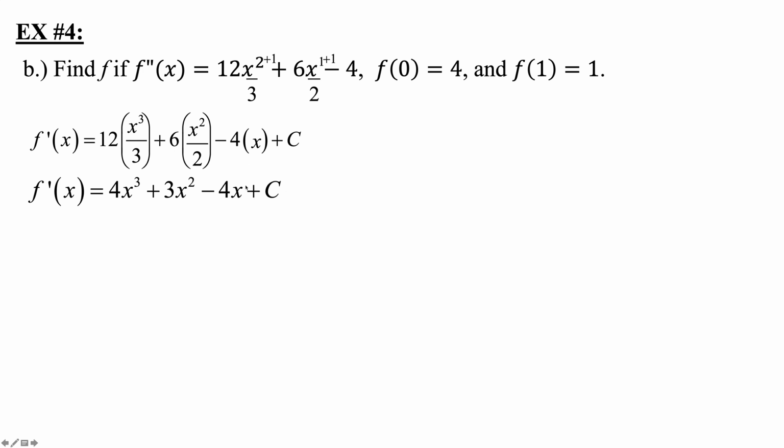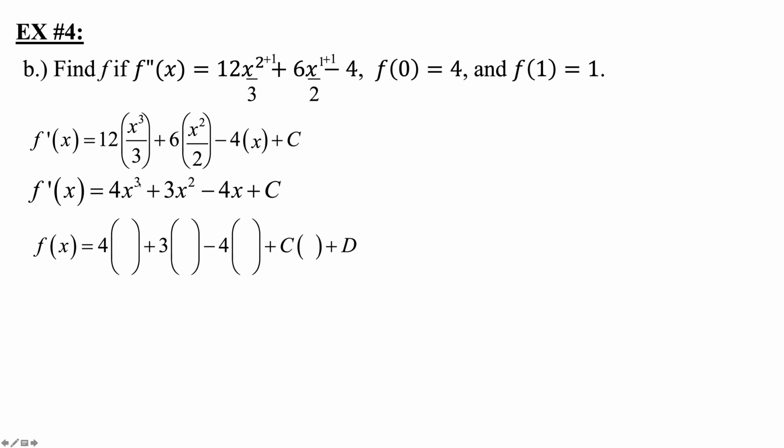And don't forget we have to put in our plus c, because now we have to do the antiderivative of this to get to f so we can plug in these values. So again, 4 times parentheses plus 3 times parentheses minus 4 times parentheses plus c times parentheses plus a new constant, we'll call it capital D.